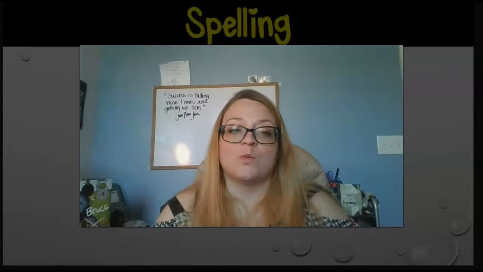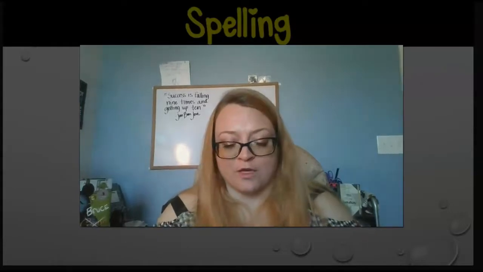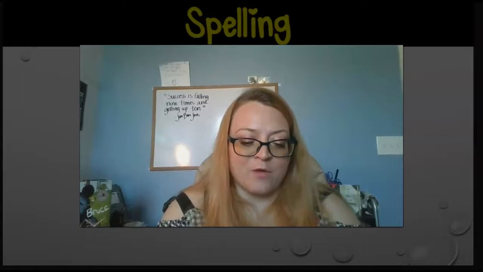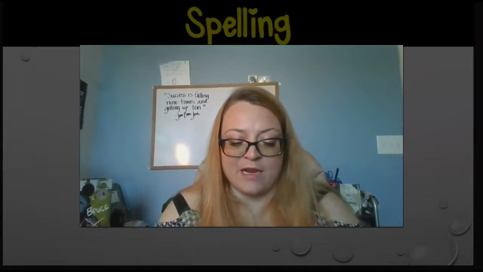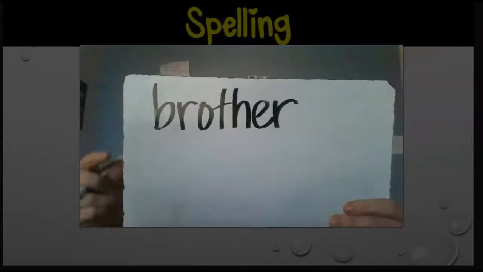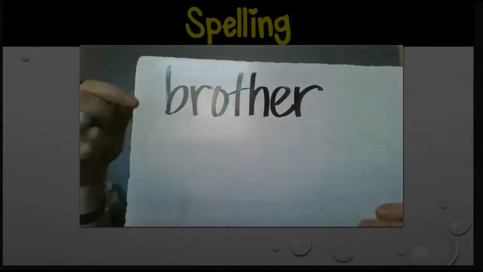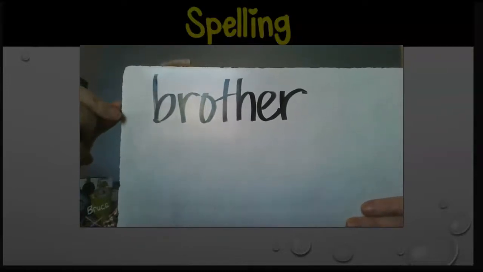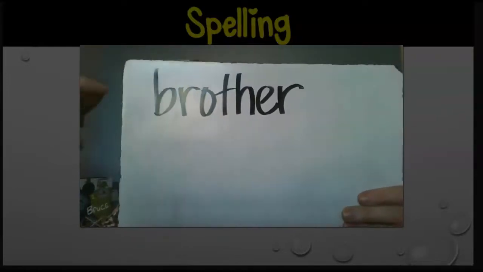All right, now we're going to write our high frequency words, okay? So our first word is brother. What's our first word? Brother. I'm going to write it for you, and then I want you to write it on your whiteboard. Spell it. B-R-O-T-H-E-R. Write it and spell it.